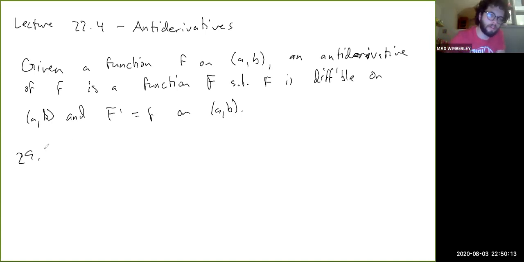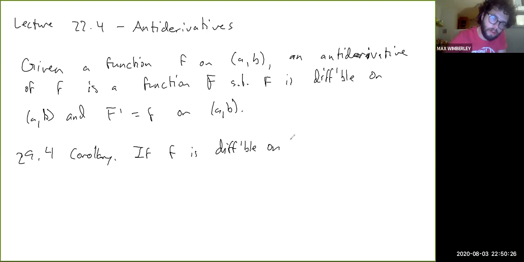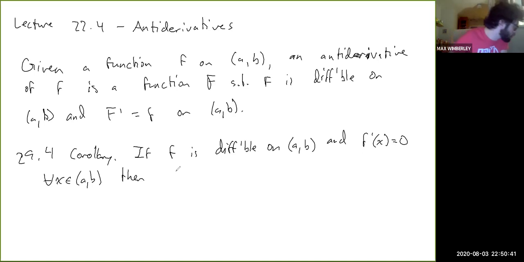But yeah, so corollary 29.4: if f is differentiable on (a, b) and f prime of x equals 0 for all x in (a, b), then f is constant on (a, b).